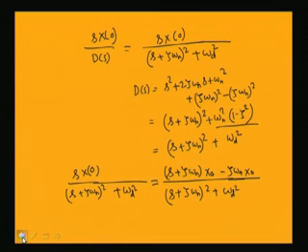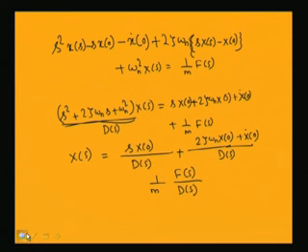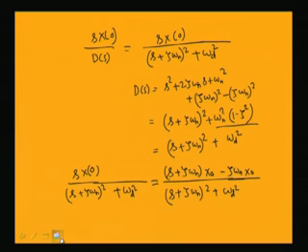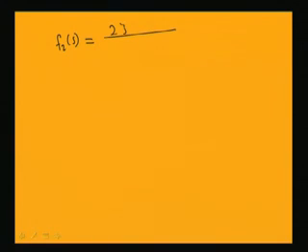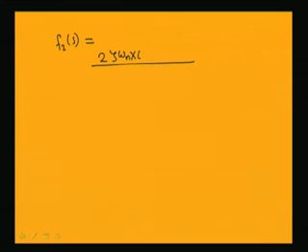Now the second term is nothing but F2(s) equal to 2 zeta omega n x 0 plus x dot 0 by D(s). Already you know the inverse Laplace of 1 by D(s), and this is a constant.